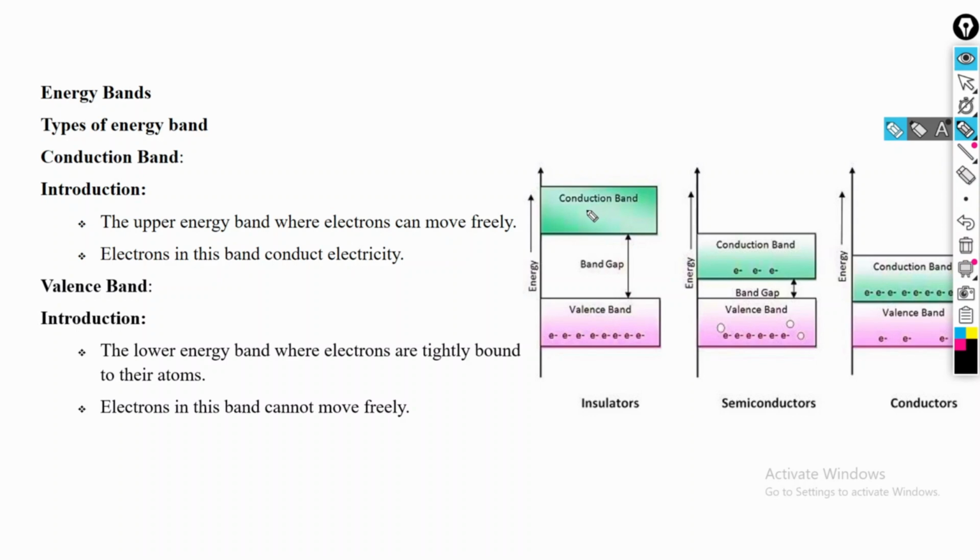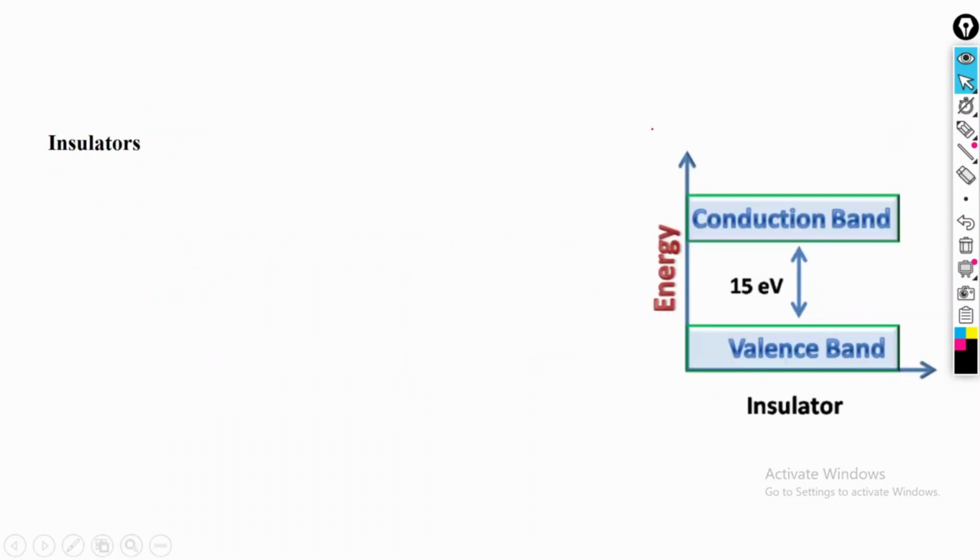Only the electrons present in the conduction band will be responsible for the conduction, and they move freely, but the electrons in the valence band will not. So this was the difference between the conduction band and the valence band.